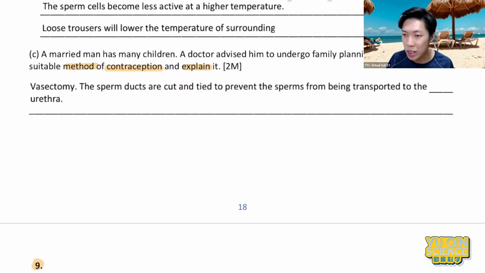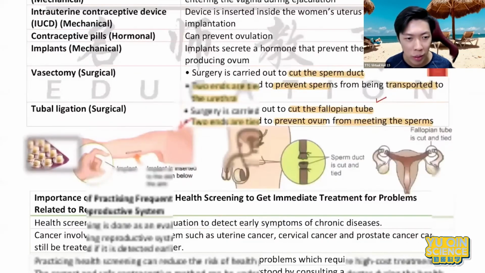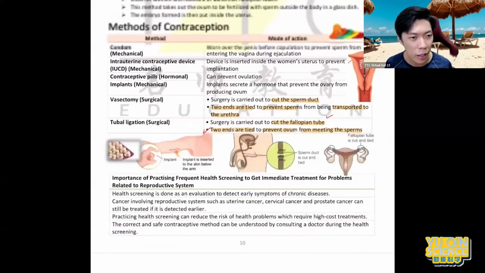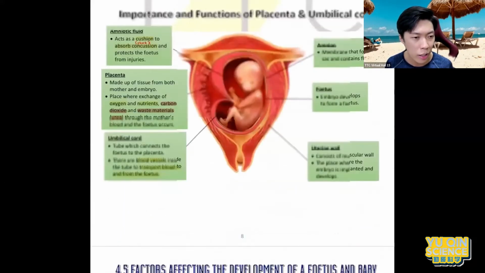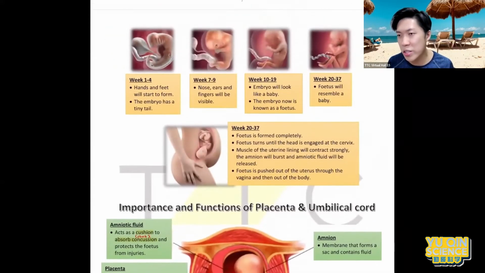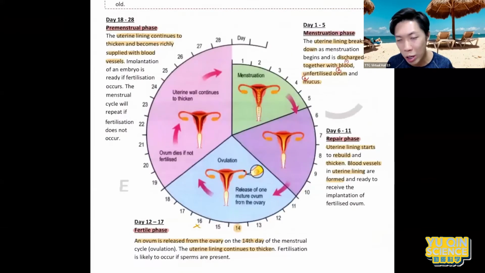Okay, let's go to question 9, page 19. So same goes for female. You want to read through the question, which could probably ask the function and so on. Menstruation, that's another thing to memorize. There are 4 phases, everybody, and you want to try to memorize them now.